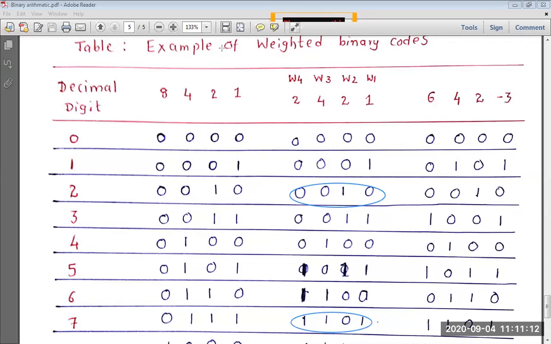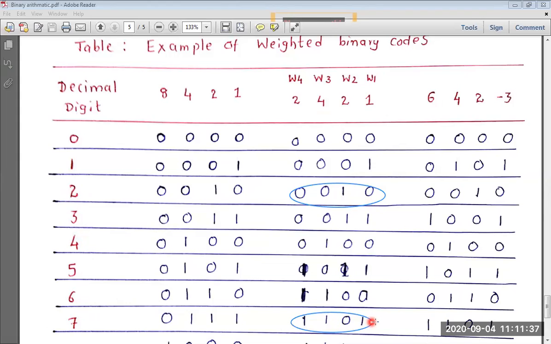For decimal digit 2, the 2421 equivalent is 0010. And for decimal digit 2, the 9's complement is 9 minus 2, which is 7. Its equivalent in 2421 code is 1101.